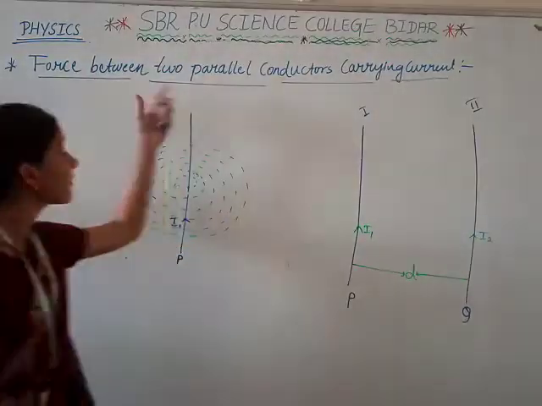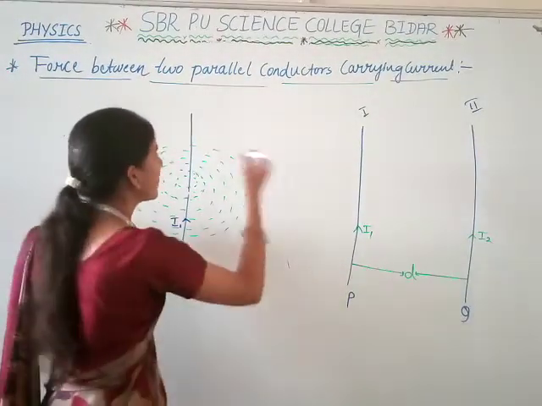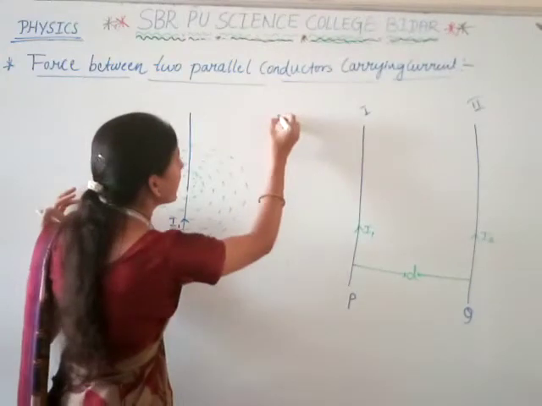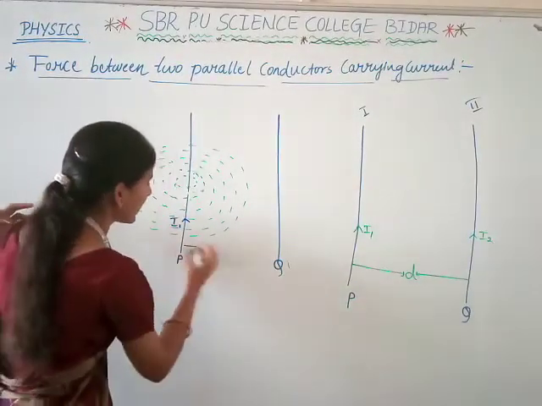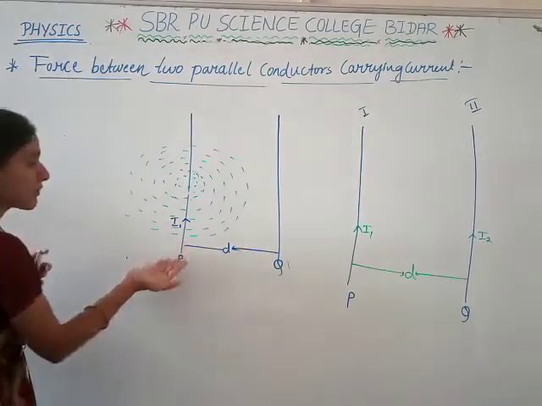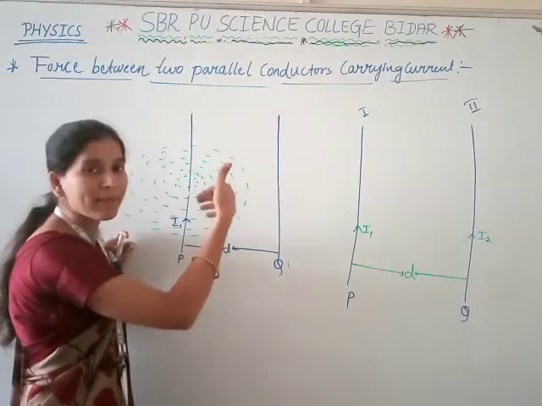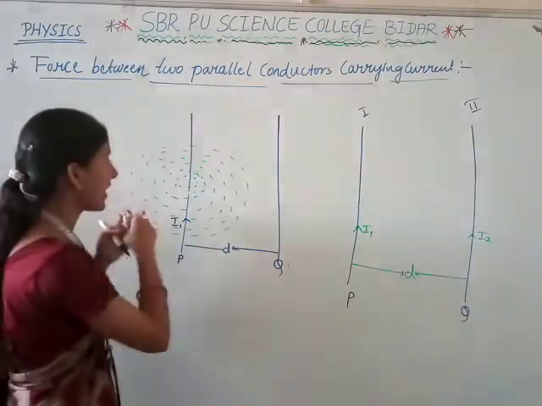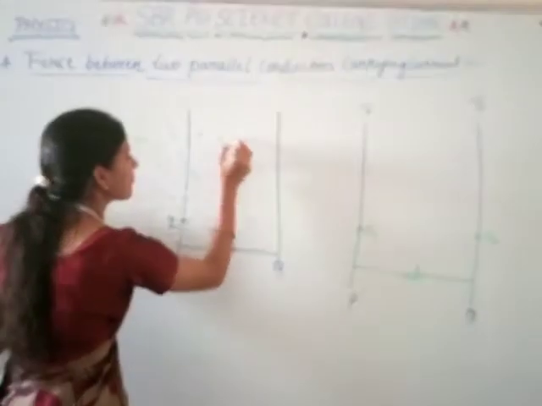Now we have to find the force between two parallel conductors. So now we take another conductor Q at a distance d. When the current I1 is flowing through conductor P, by applying Maxwell's rule we find the magnetic field of the conductor.